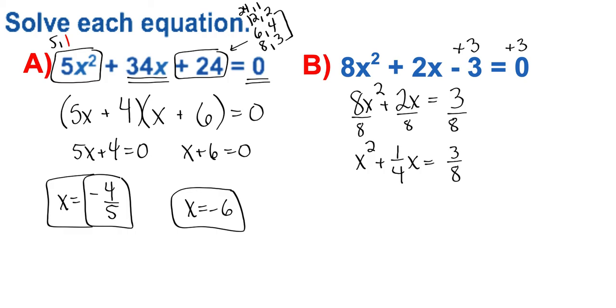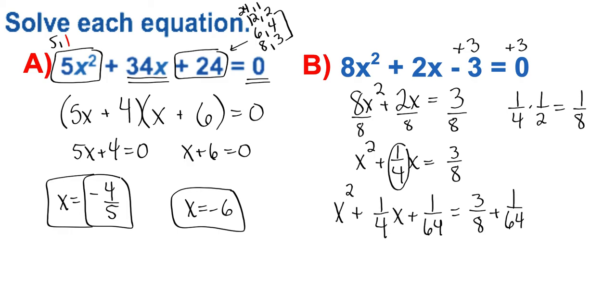Okay? So remember, from here, we have to take half of this number, square it, and add it to both sides. So half of a 4th is an 1/8. So I need to square 1/8 and add it to both sides. So that's going to be 1/64.